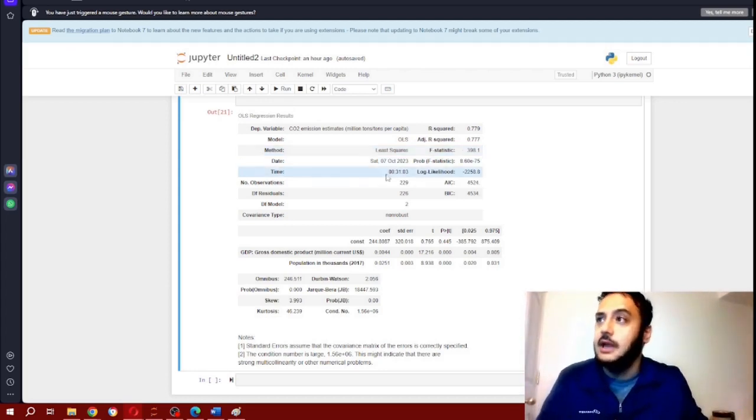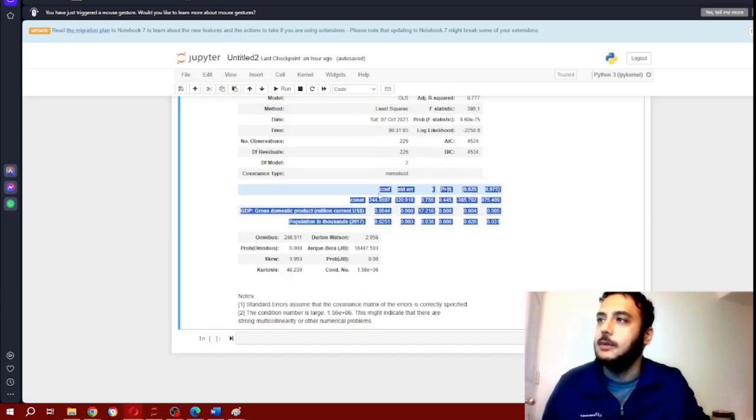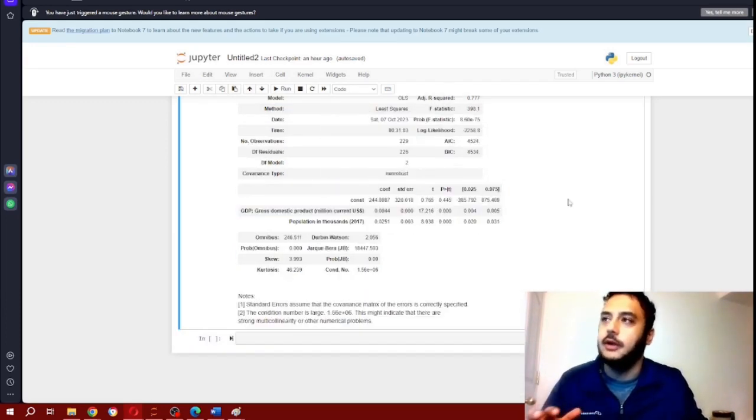It's really not right to talk about it at this point in time. I'm just going to briefly talk about this table, which is where the majority of our information that can help us predict the dependent variable comes from.